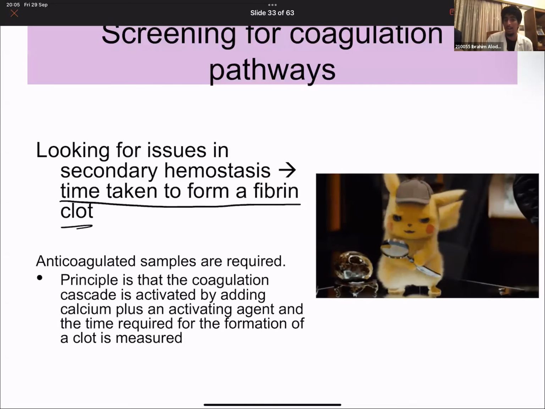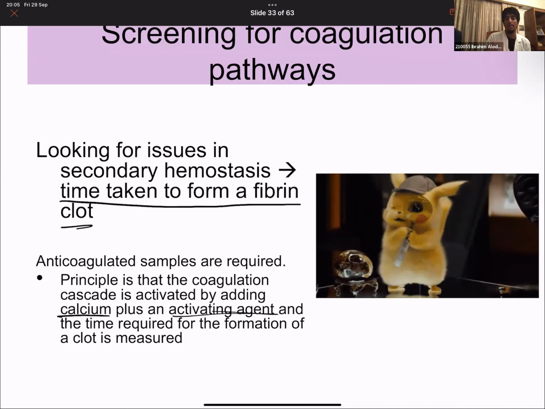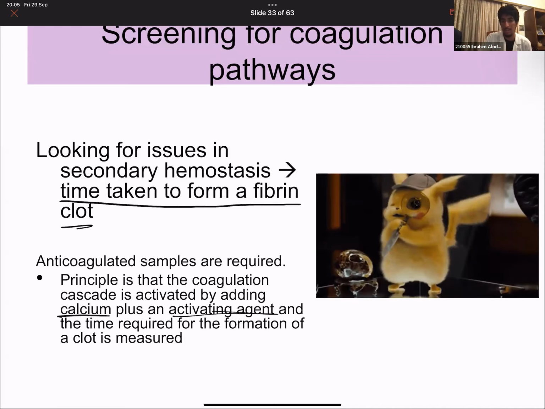Then they trigger the coagulation cascade, or the clotting factors, by adding calcium and another activating agent, which you don't really need to know, and they count the time it takes for a clot to form. That's the idea of how we test for secondary hemostasis. We're going to get into the actual tests in a bit. Do you guys understand the idea of what they're looking for?